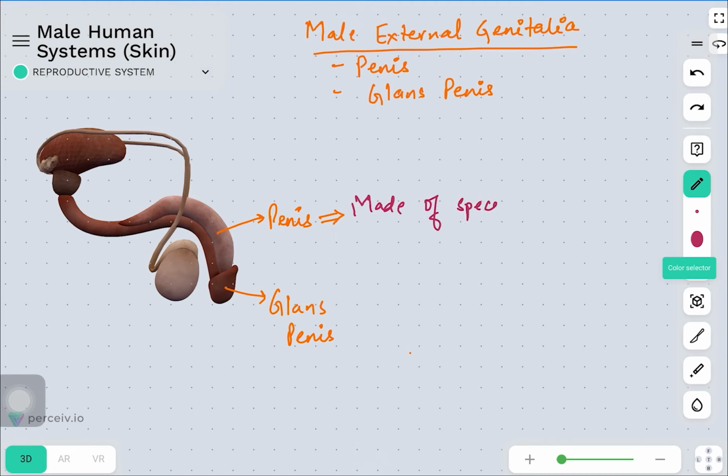Made of special tissue helping in erection of penis during insemination.